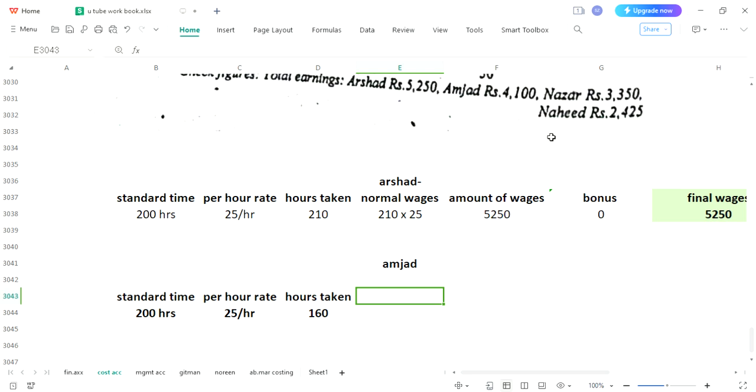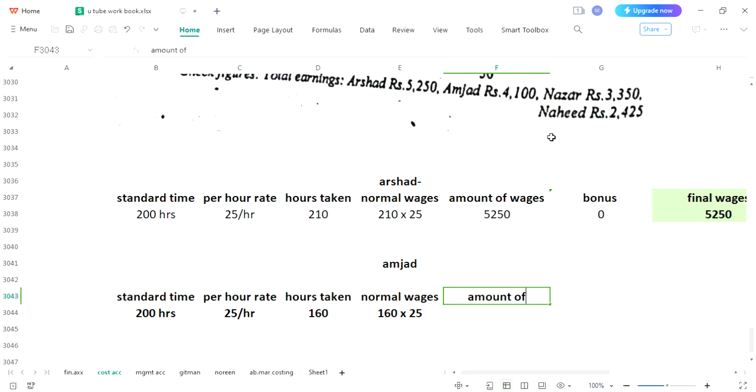Amjad's normal wages would be calculated similarly: hours multiplied by per hour rate. Hours taken are 160 and per hour is 25. So normal wages, or amount of wages, can be calculated in a similar way where 160 would be multiplied by 25.